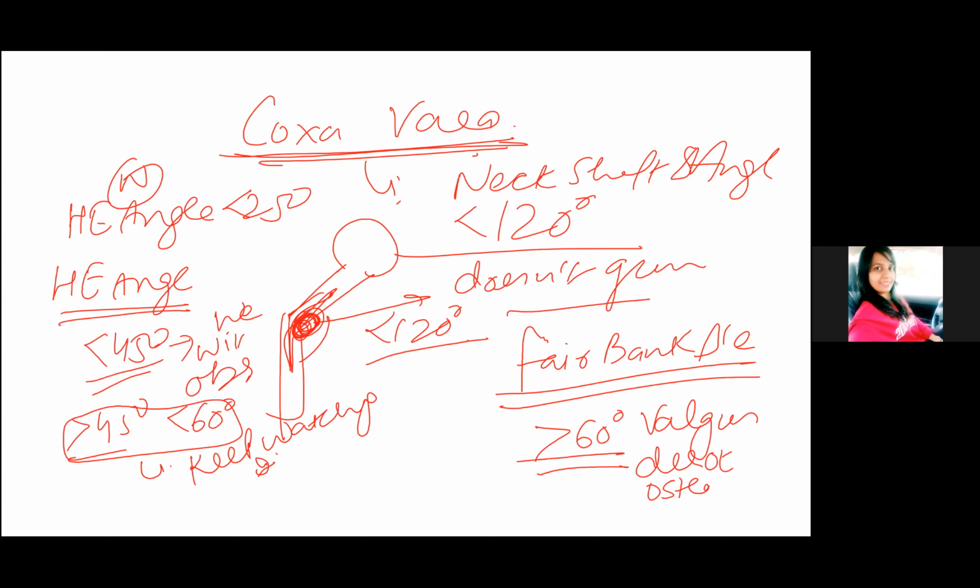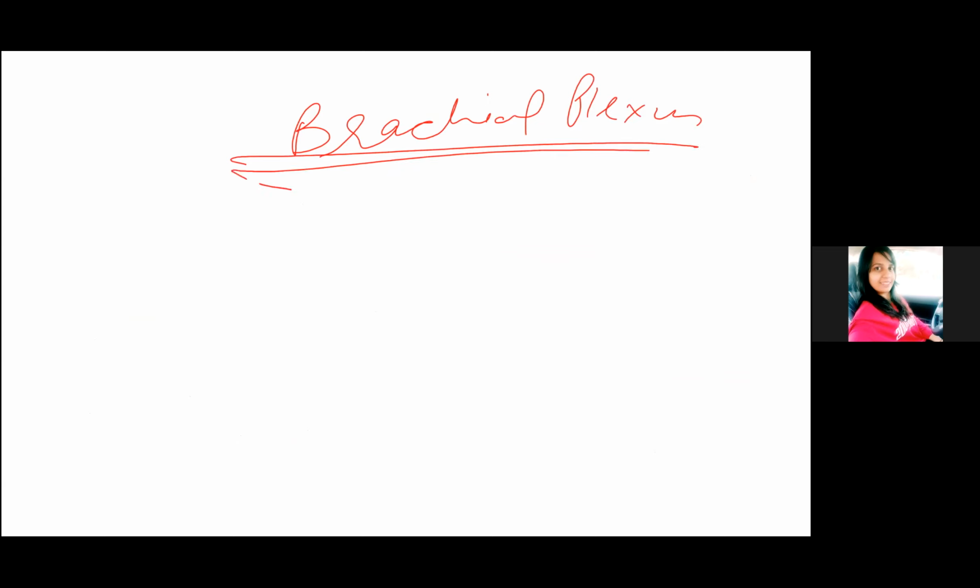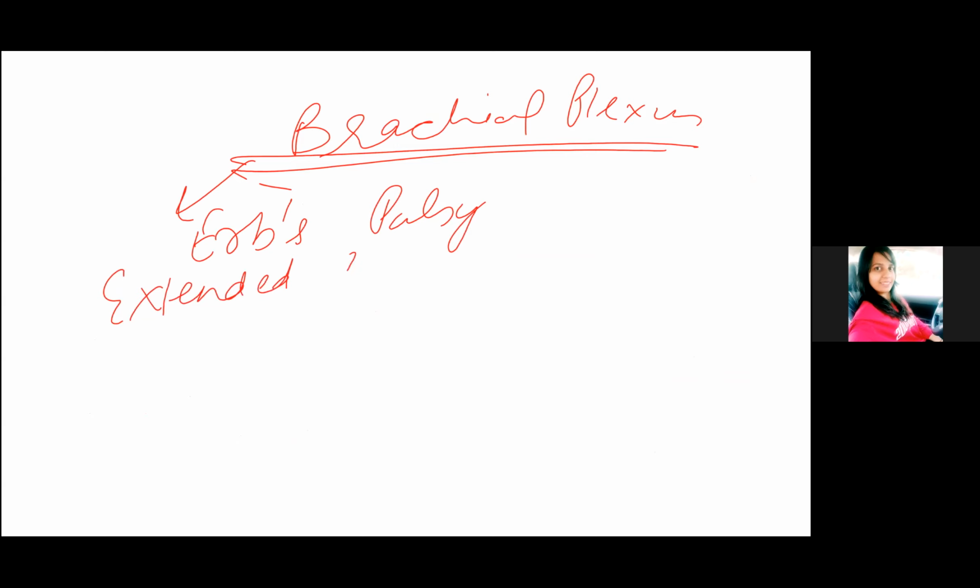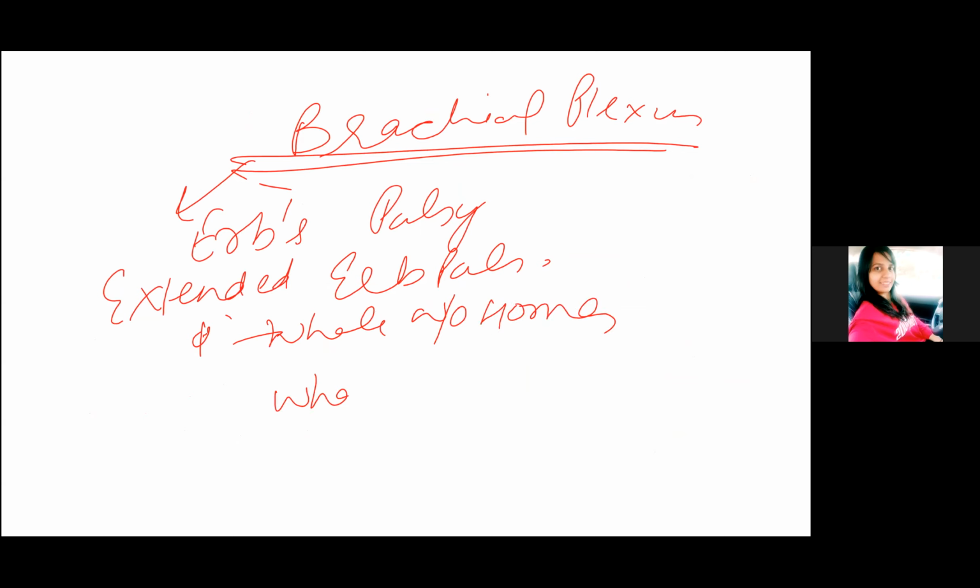So next topic is the brachial plexus. Firstly, in the brachial plexus, you need to remember this. You can have Erb's palsy, you can have extended Erb's palsy, and you can have the whole brachial plexus involved without Horner syndrome, and whole brachial plexus with Horner syndrome.